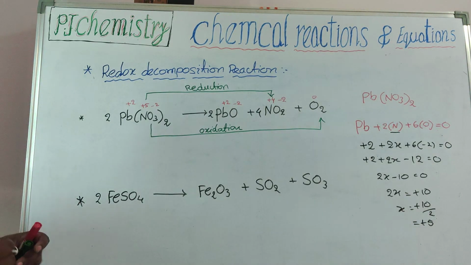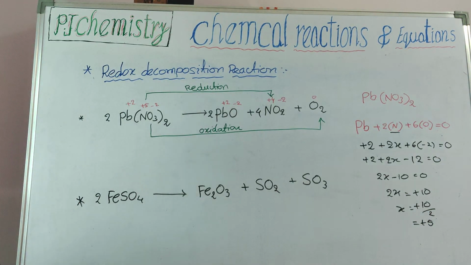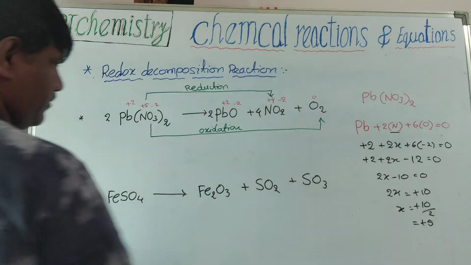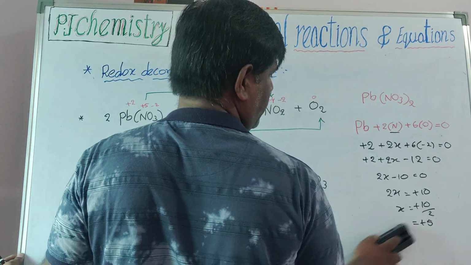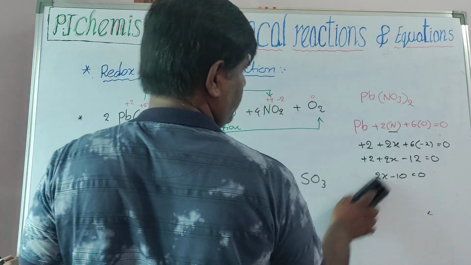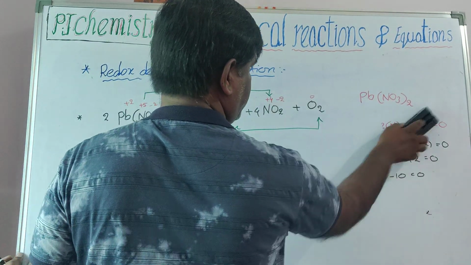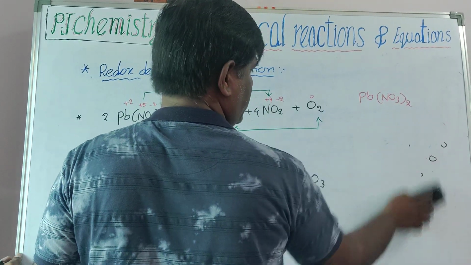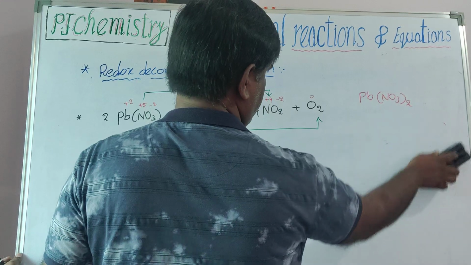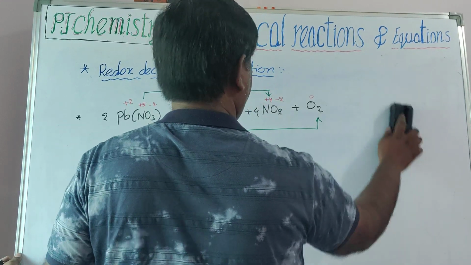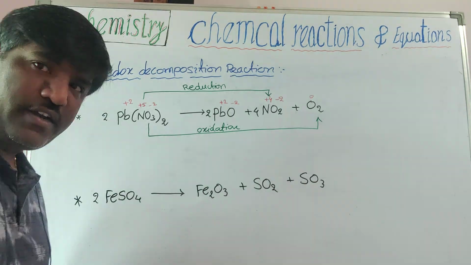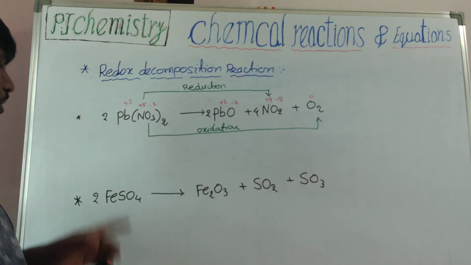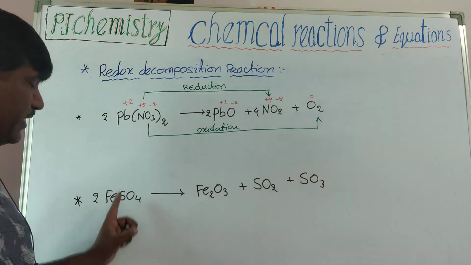Now solve this. Yes, fast. First find out the ferrous sulfate oxidation number. Sulfate ion is -2, meaning sulfate is gaining 2 electrons.